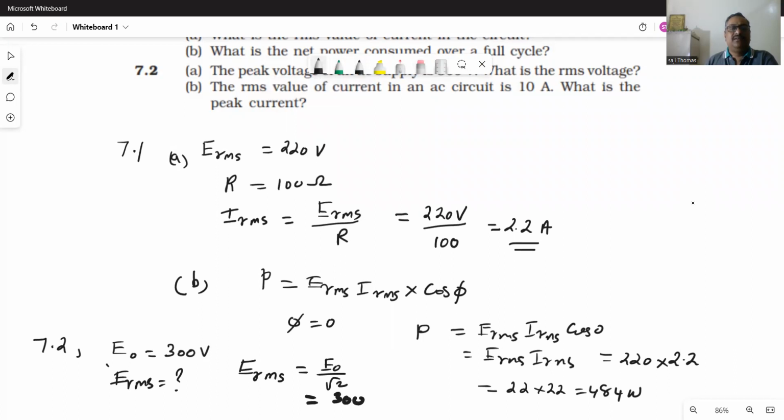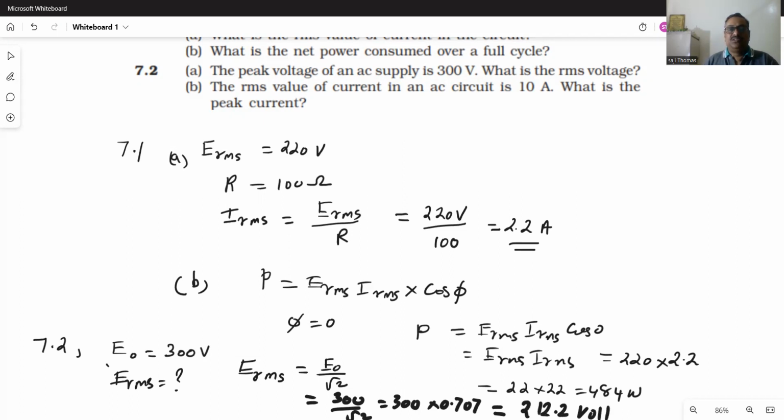Equals 300 divided by root 2. 300 into 1 by root 2, which is 0.707. So you can just multiply and find out. You will get 212 volts.